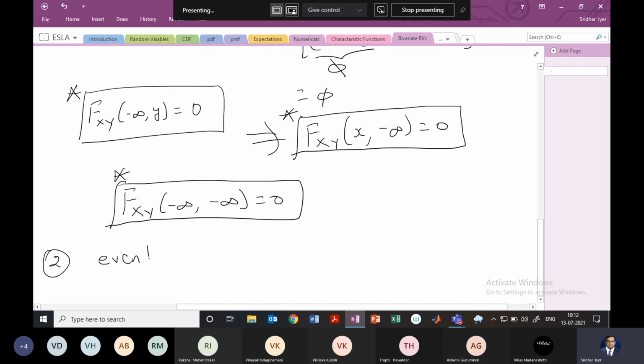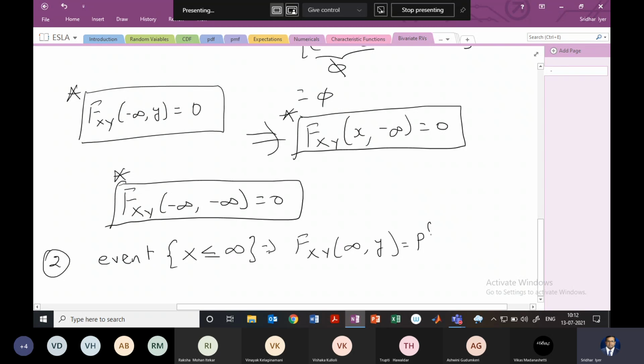When you have an event x less than or equal to infinity, right? The last property which we did, in that x was negative infinity, here x is infinity, right? So in this case, we can write the CDF as Fxy of x comma y, where x is infinity and you have y, right?